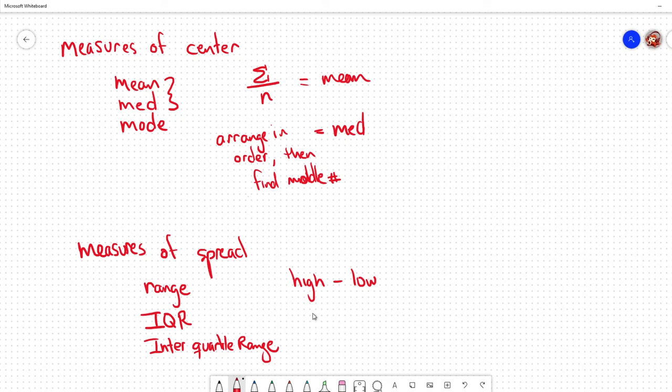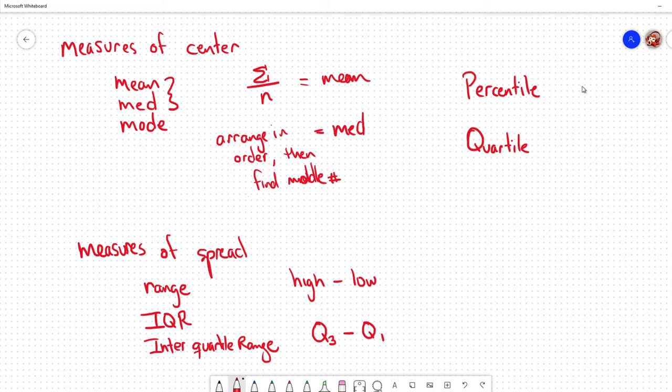So instead of subtracting the lowest value from the highest value in the set, we're going to subtract the first quartile from the third quartile. If you've never heard of the term quartile, it's the same idea as percentile. You might be more familiar with that term because if you've taken an SAT or an ACT, you're usually given what percentile you are in.